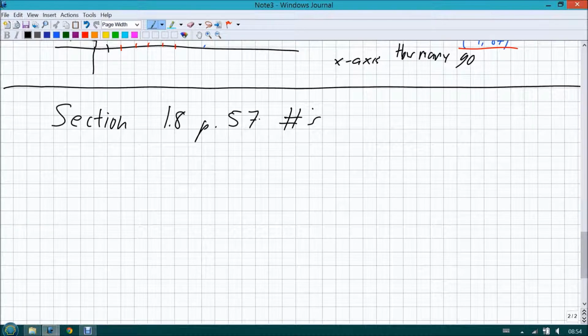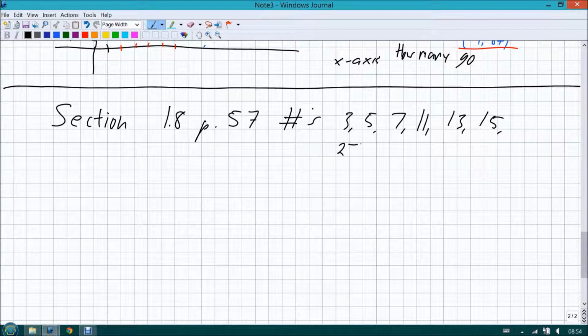And we're going to be looking at numbers 3, 5, 7, 11, 13, 15, and 27, 29.